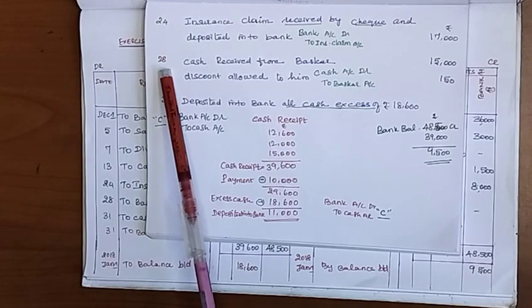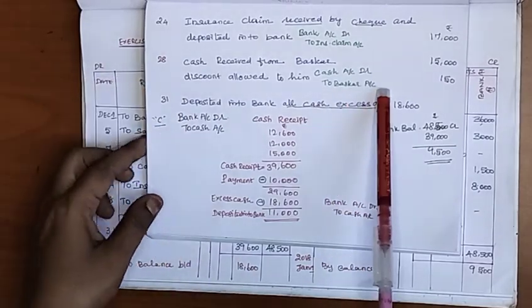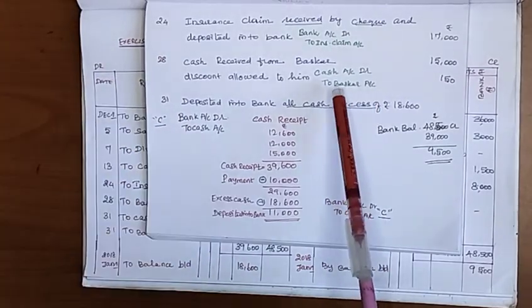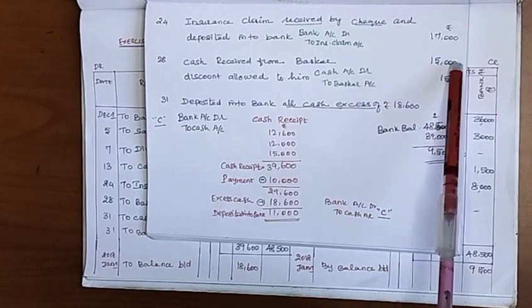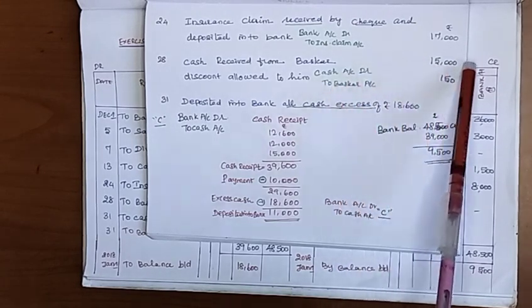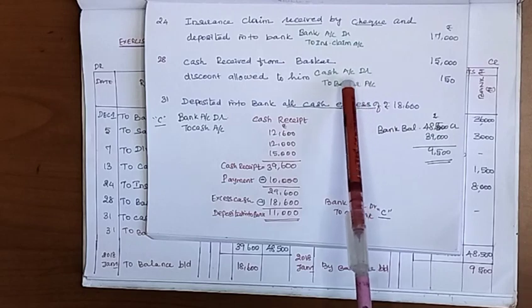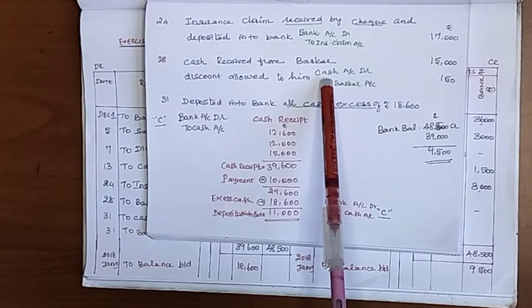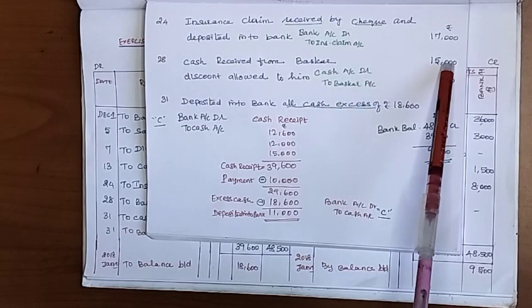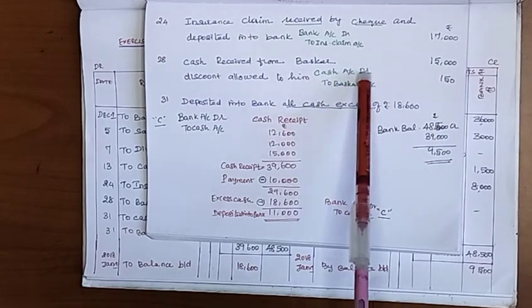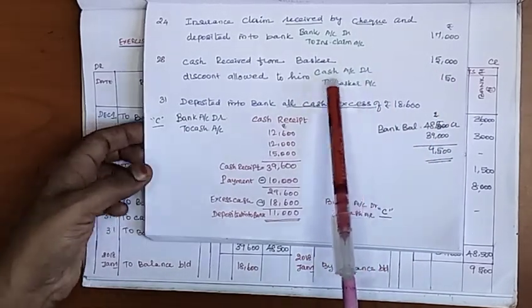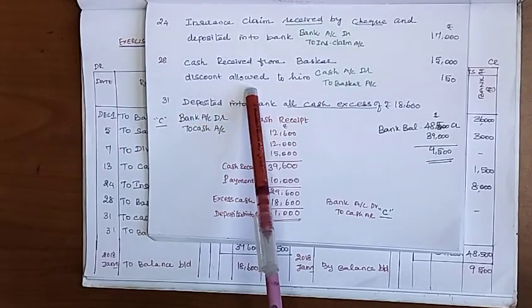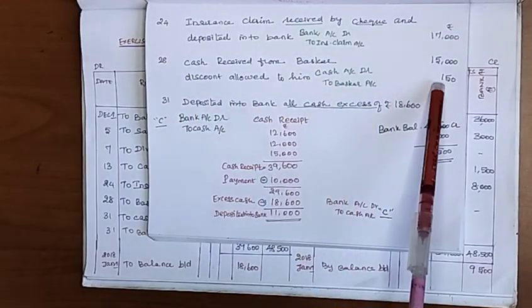So dated on 28, to Bhaskar account. How much rupees you received from Bhaskar? 15,000 rupees. You have to enter that 15,000 rupees on the debit side, cash column. And how much discount did you allow to Bhaskar? 150 rupees.